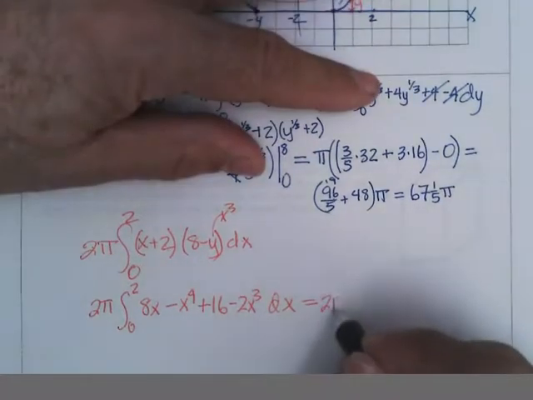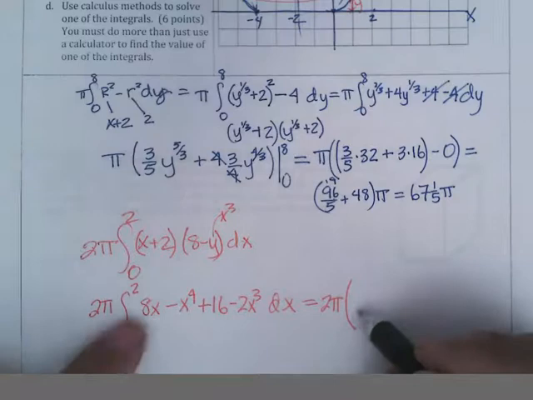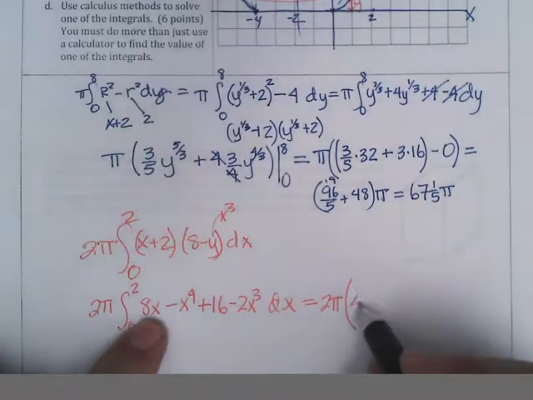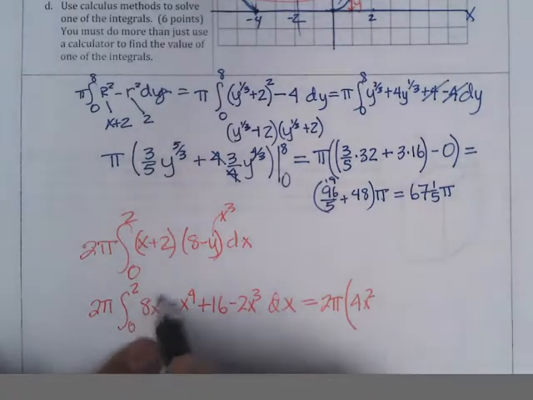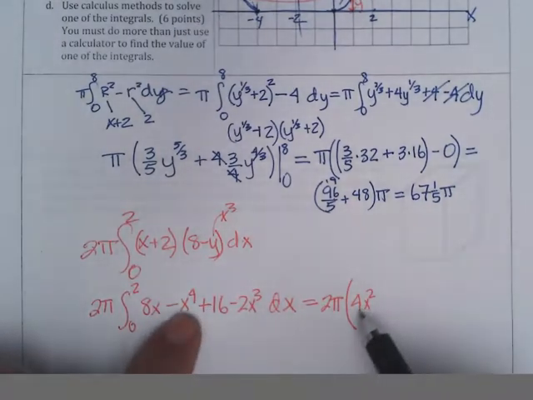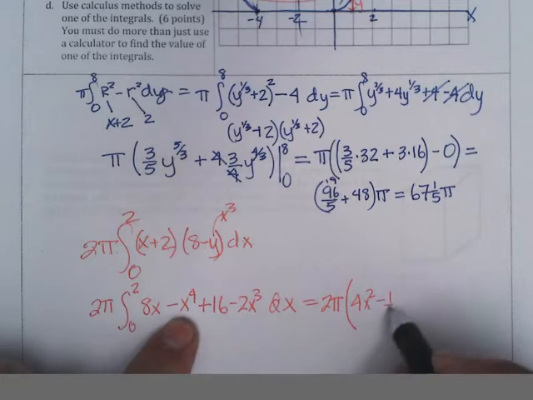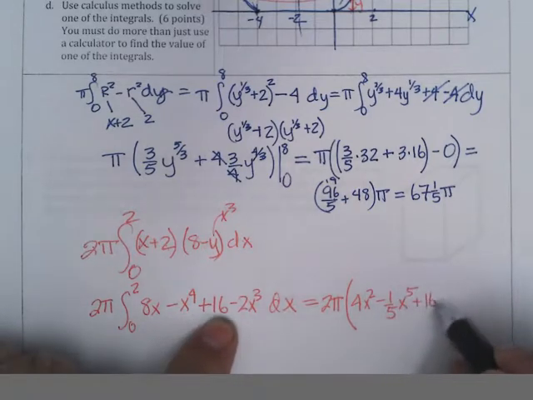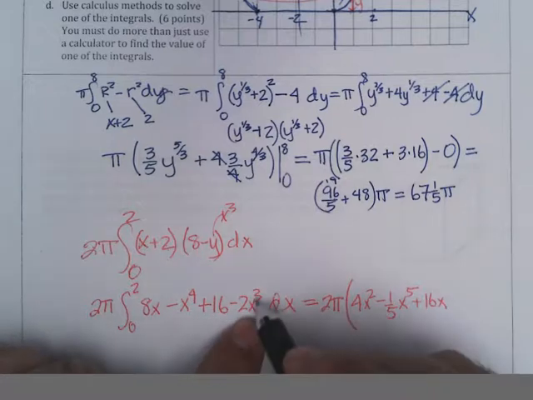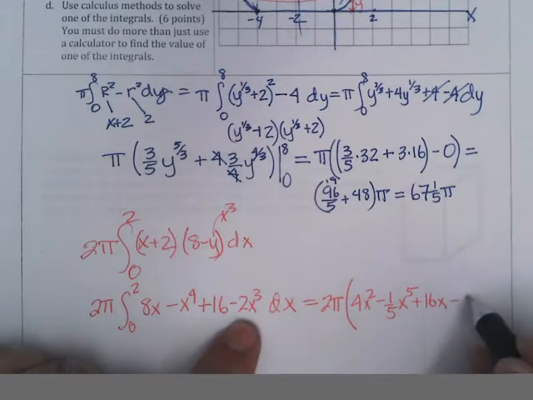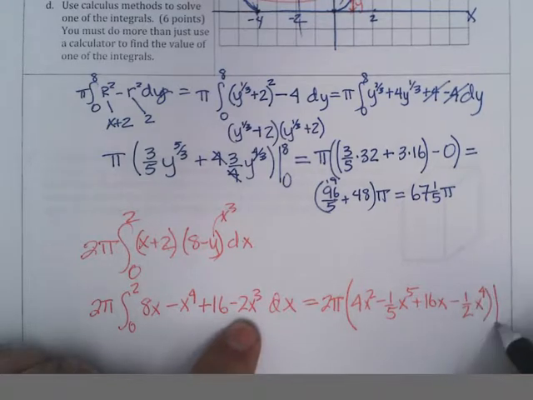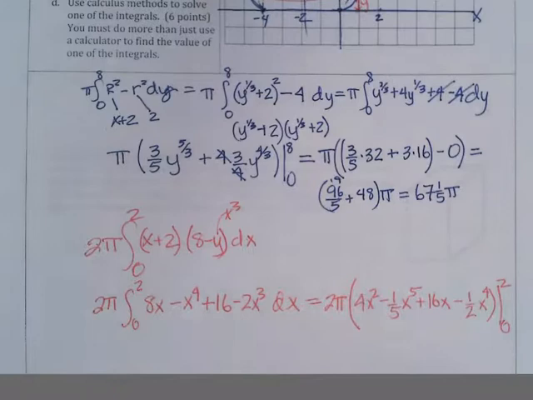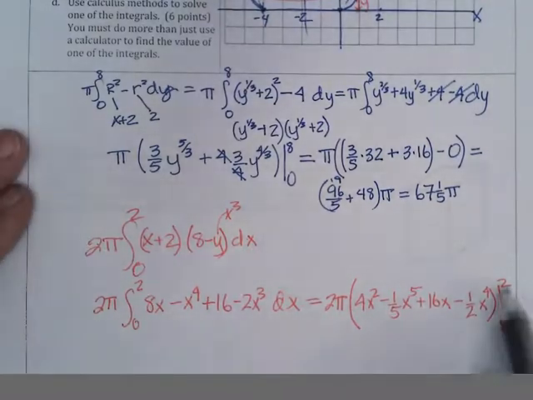So I got 2 pi, that would become 4x squared, adding 1 to get 2, divide by 2. Add 1, so that'd be minus 1/5 x to the fifth plus 16x. That'd be 4 divided by 4, so it's negative 1/2 x to the fourth, evaluated from 0 to 2. The 0 produces nothing, but the 2 will.